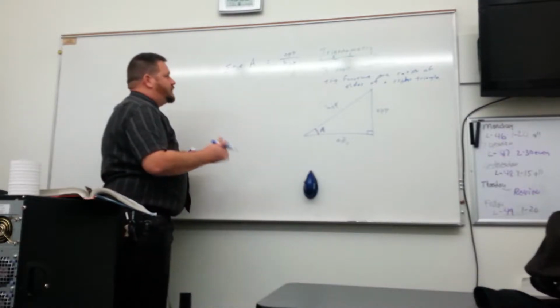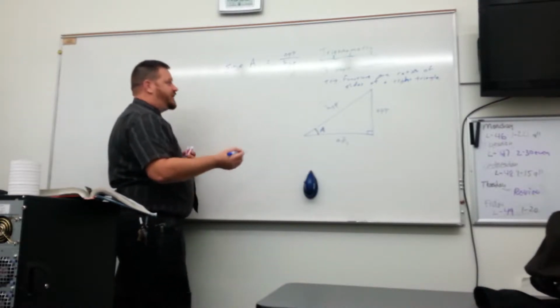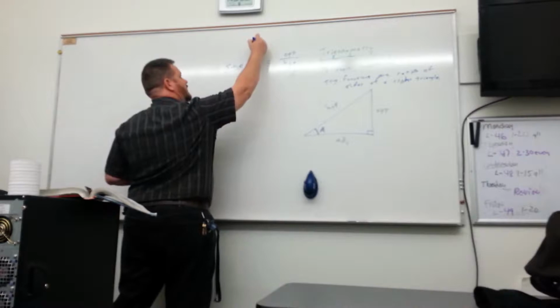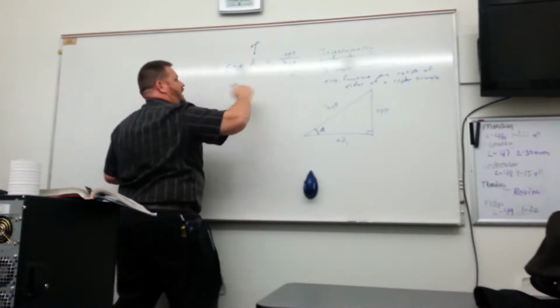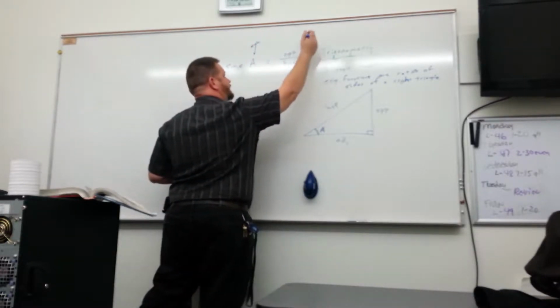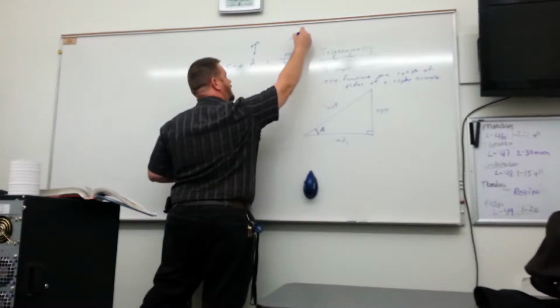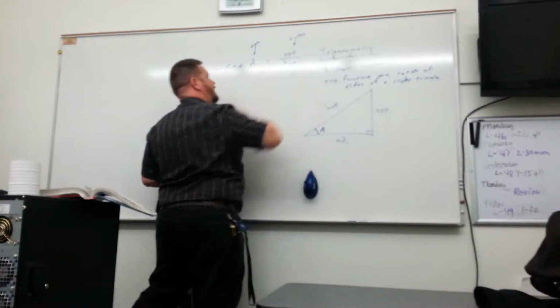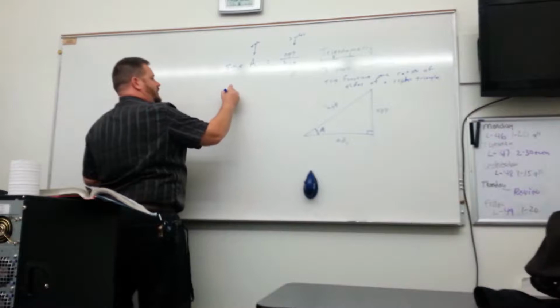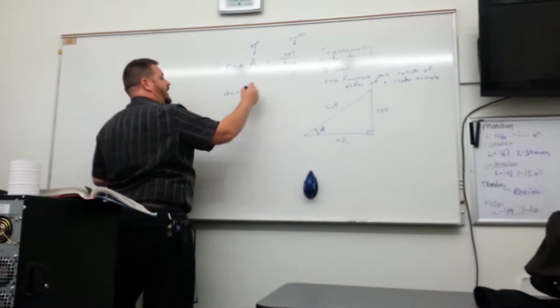So there are three aspects to this relationship. There's an angle, and then two sides. Now there's another relationship called cosine.